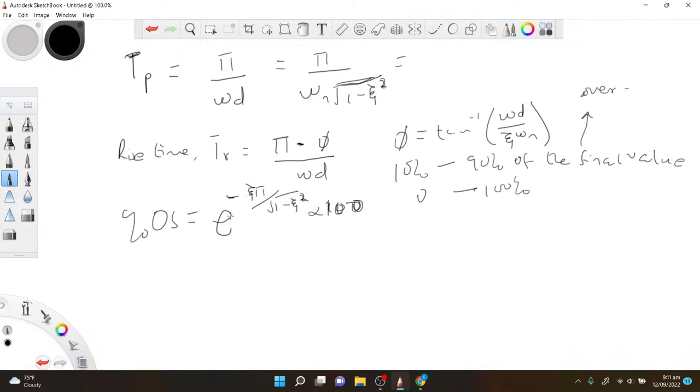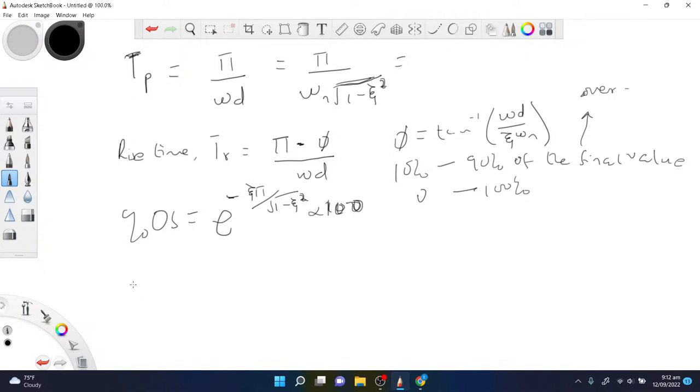The amount by which the first maximum peak exceeds the steady state value. Or the amount by which the transient response exceeds the steady state value.